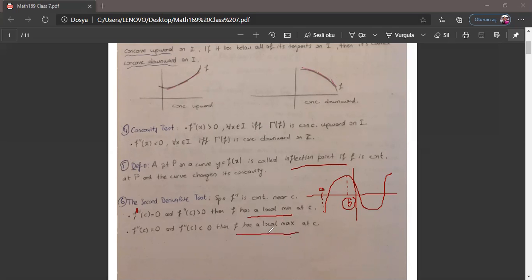And the reverse holds for a local max. So we're done with the recall now.